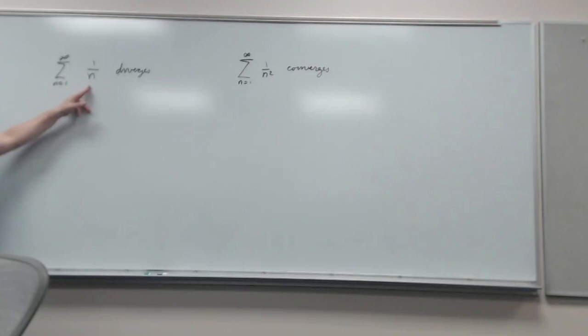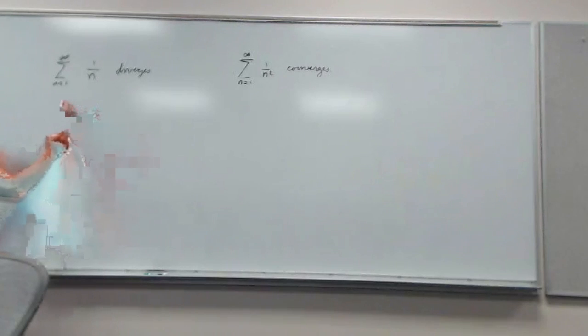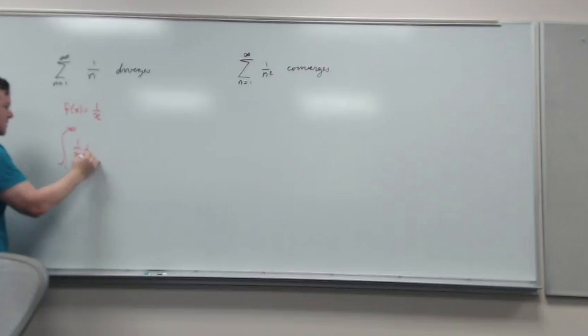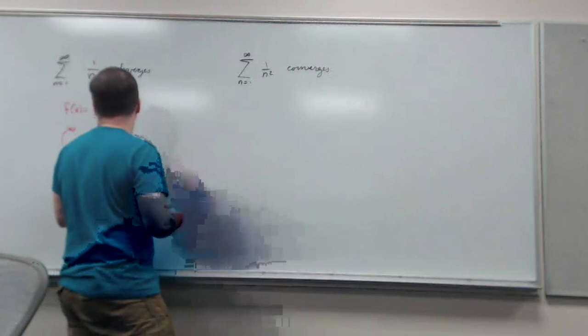Because all these terms are positive and decreasing, and the sequence coincides with a continuous function, we can look at the integral from 1 to infinity of 1 over x dx.